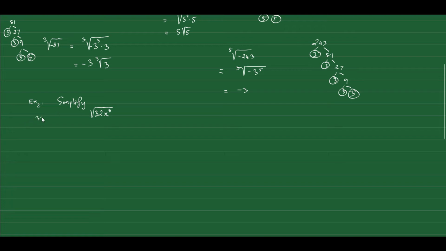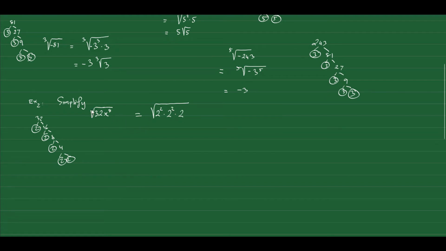So 32, we know 32 is 2 and 16, 16 is 2 and 8, 8 is 2 and 4, 4 is 2 and 2, so we have 1, 2, 3, 4, 5. So this is a square root, so I can write it as 2 squared, and 2, right?